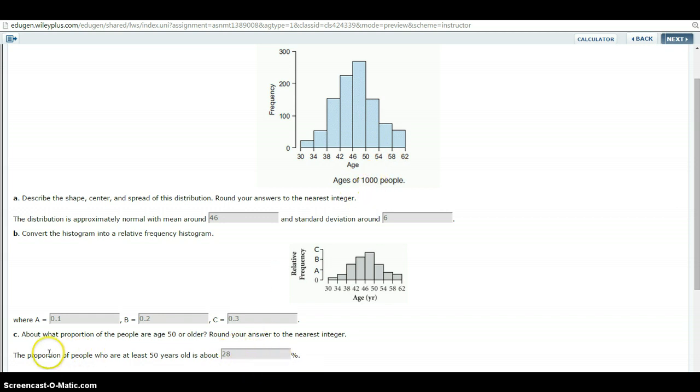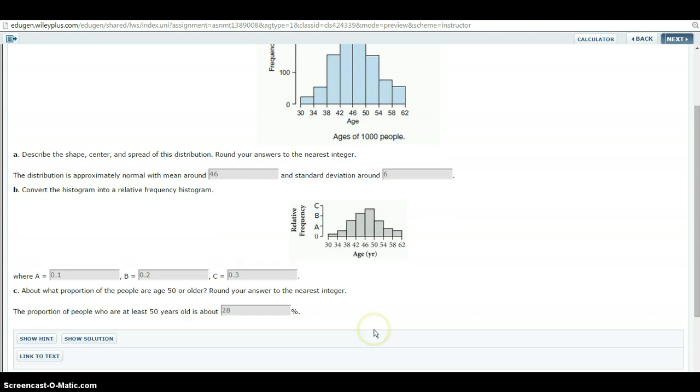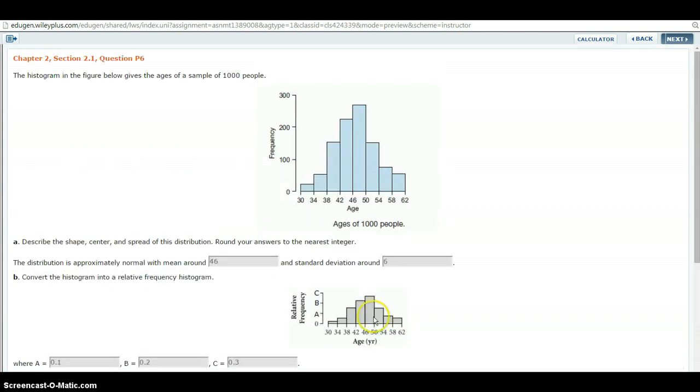And they use the word proportion here, which typically is the decimal, but then they do put the percentage sign here, which is going to override that. So we do want to give our answer as a percent instead of a decimal. So 0.28 would convert to 28%. And again, keep in mind that there is some tolerance for these because these are just estimates.